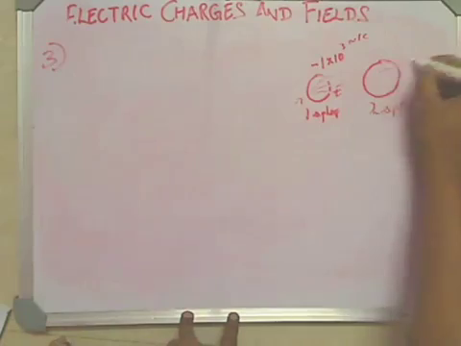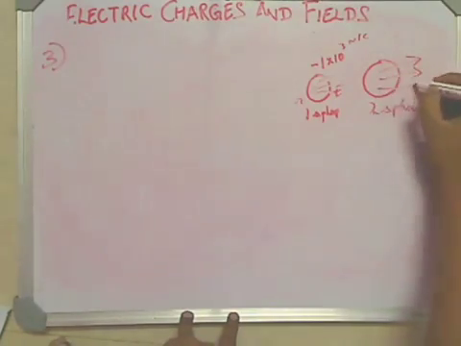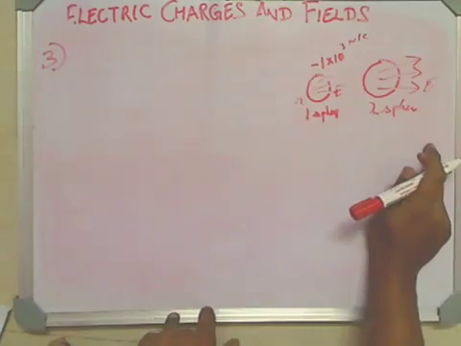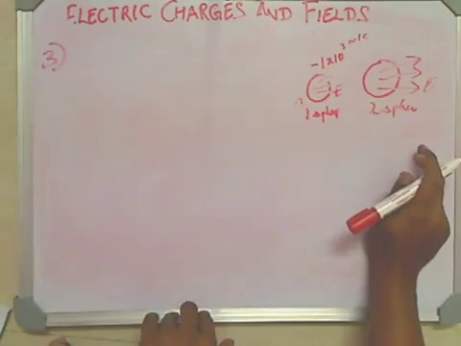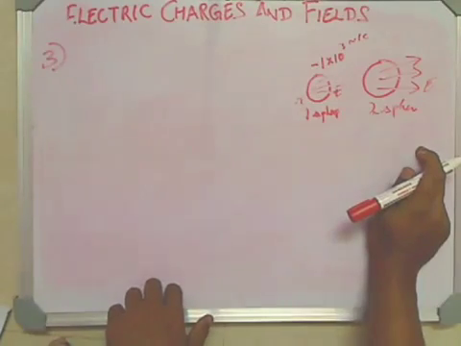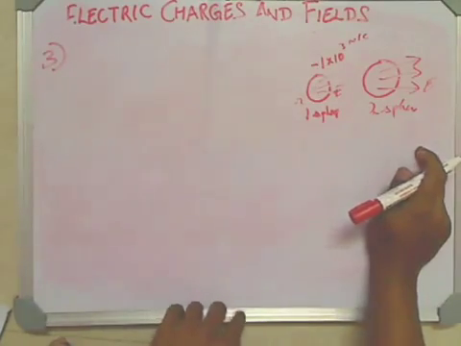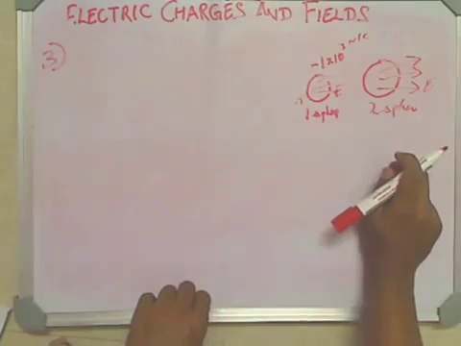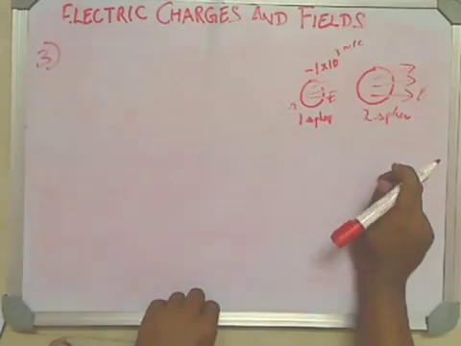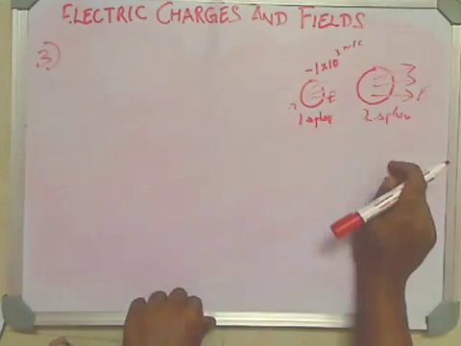Now, this is actually a bit of a trick question, because if the radius of the sphere is doubled, the electric field, the intensity of the field doesn't increase. The reason I say that is because if you remember the theory that I mentioned a few minutes back, the electric field strength depends on the type of charge.